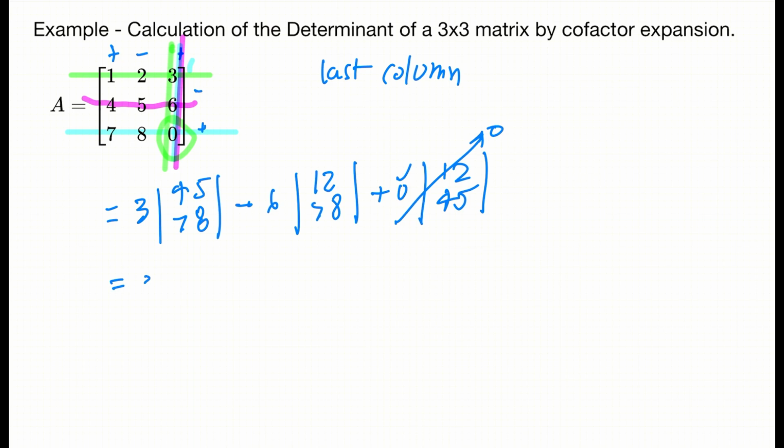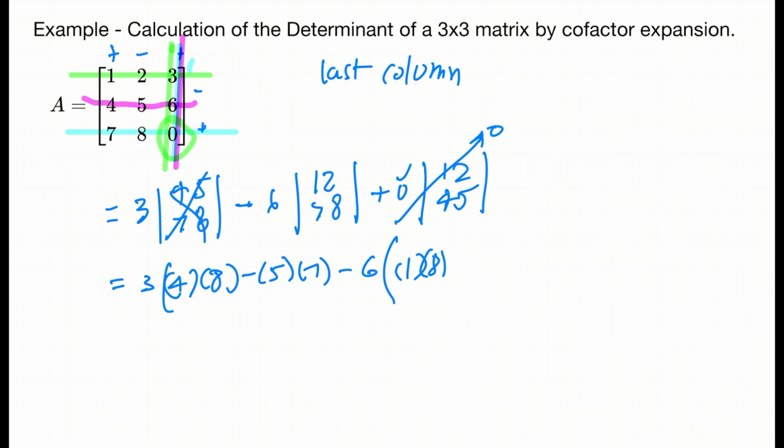All right, so we've got 3 times, let's evaluate this determinant using the crossing of the diagonals. So that's 4 times 8 minus 5 times 7, minus 6 times 1 times 8 minus 2 times 7. So that is going to be 4 times 8 is 32 minus 35.